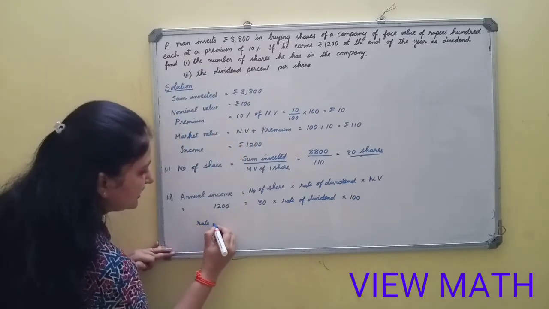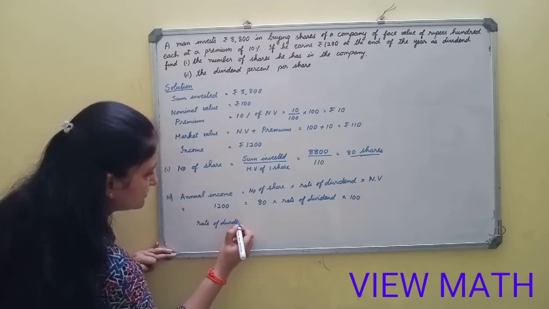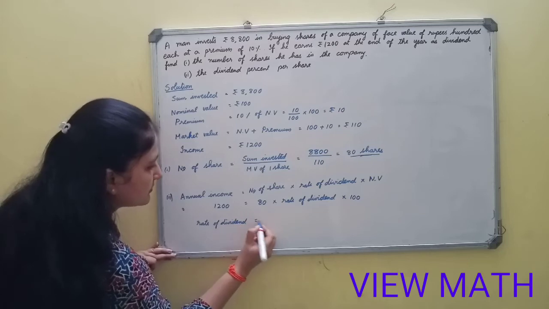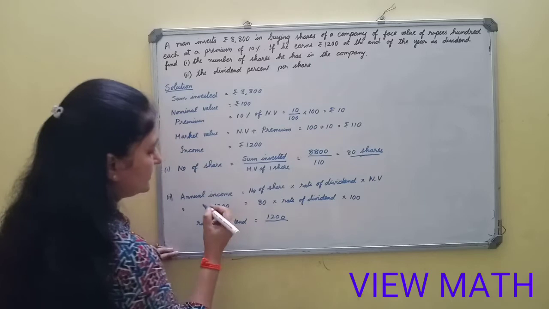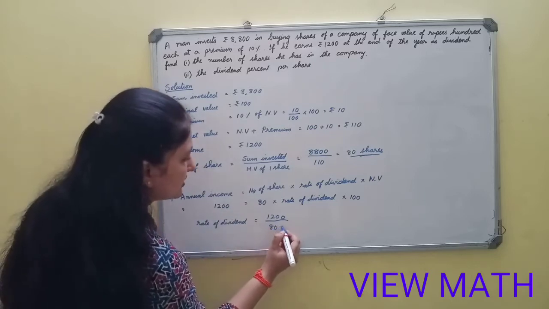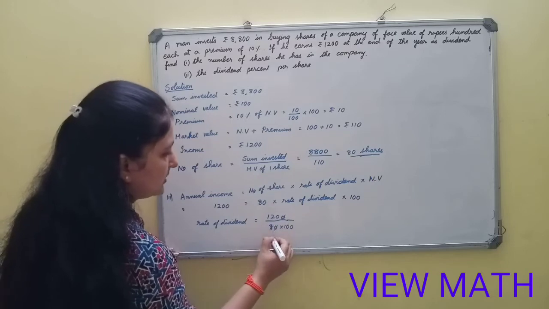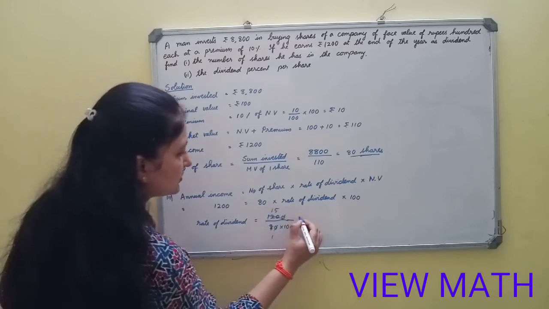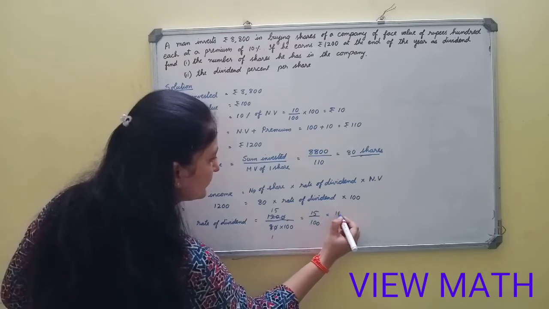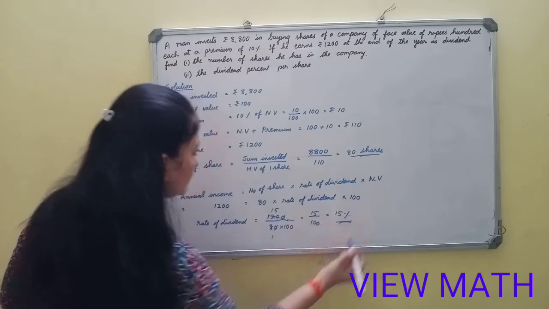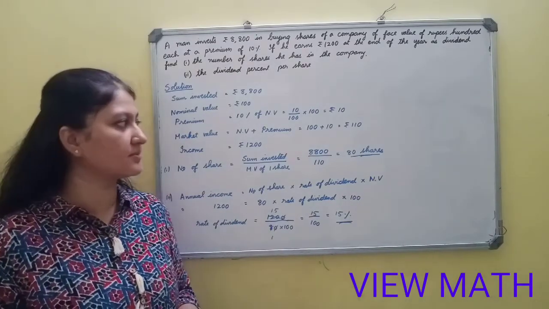Let me keep it on one side and take the remaining to the other side. 1200 divided by 80, I am bringing this side, it comes to the denominator, into 100. 8 1 times 8, 15 times. So it is equal to 15 by 100, so it is 15%. So the rate of dividend per share is 15%.